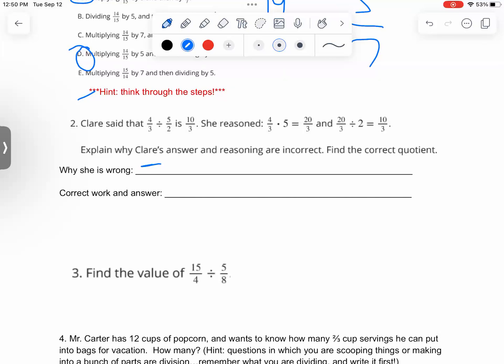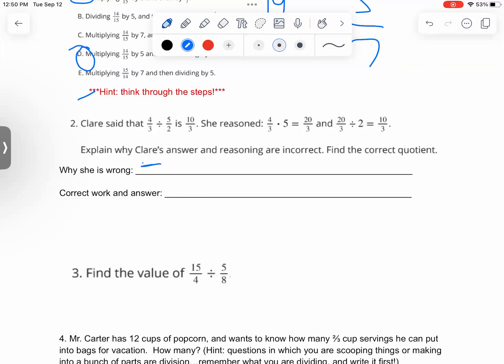She just multiplied by the numerator. Or you could say she's not considered how many parts it is divided into first. So there's a couple of different ways there. I think the simplest is that she did not change to multiplying and flip. That would be the way I would explain it.